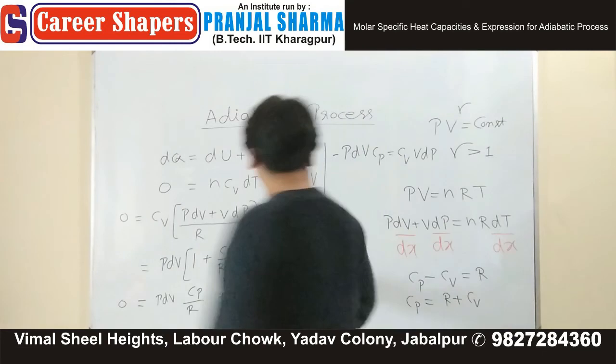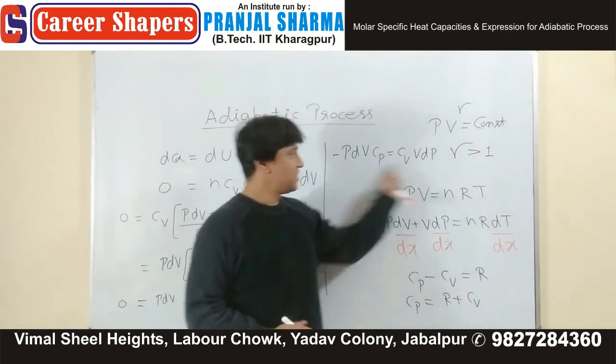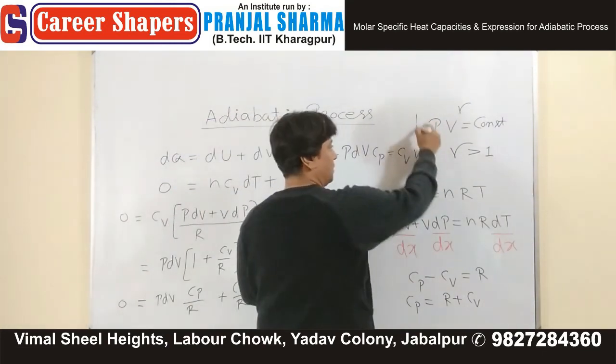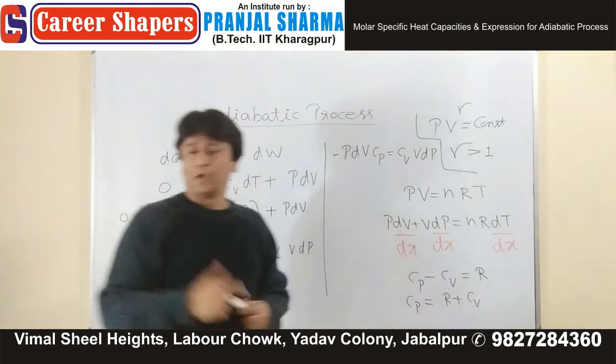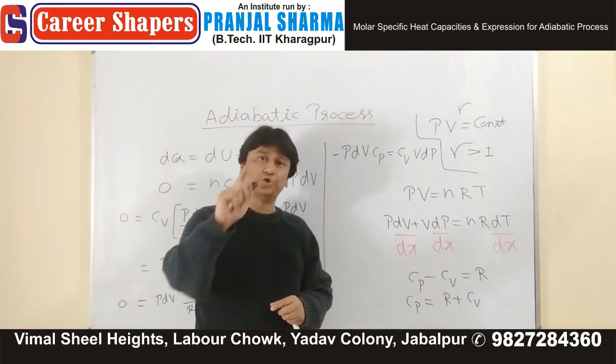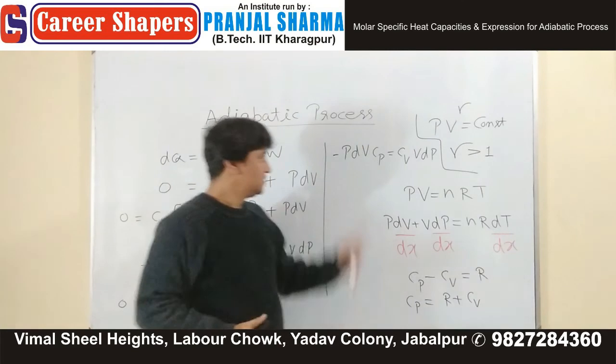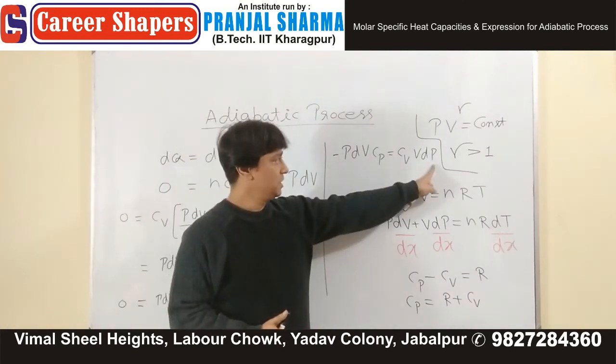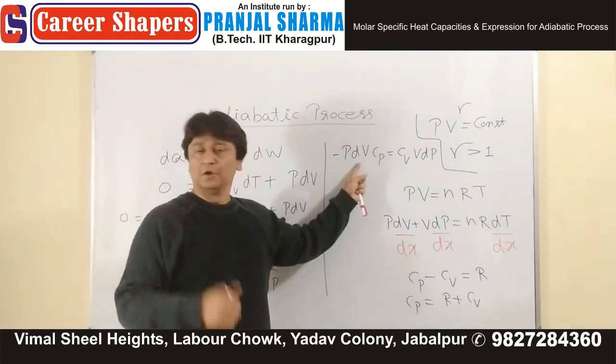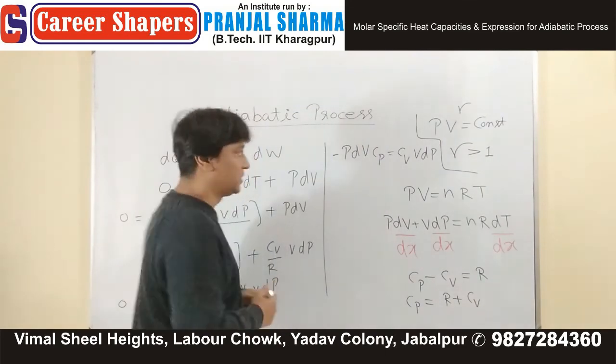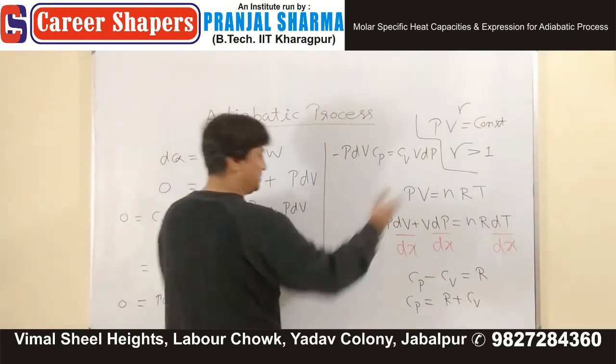But you cannot integrate this part as of now. For integration, same type of variable should be present on same side. This is P, this is dP, this is V, this is dV. So let's transfer same variables on the same side.